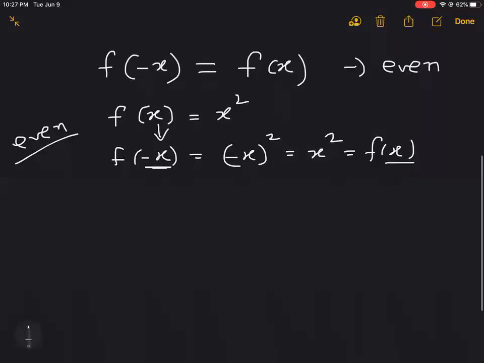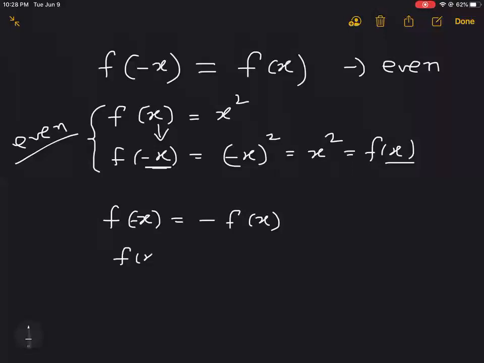And for odd, as you can clearly imagine, if you replace your x by a negative x, you'll actually get a negative value of that function. Now, what could be an example of that? Let's say f of x is x cubed. So if you replace your x by a negative x, you get a negative x cubed, right?